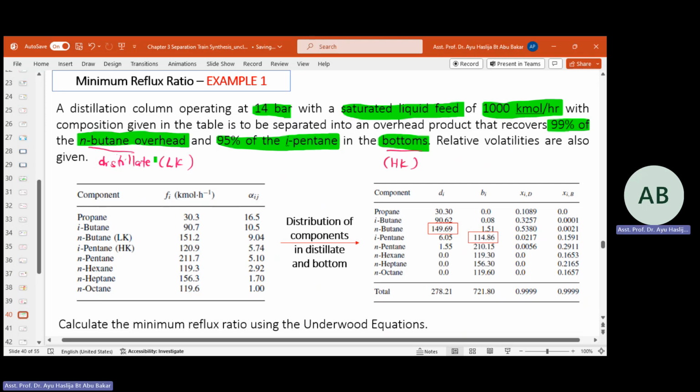Now from the components over here, they give a lot of components in the feed. Mixtures of components, so you need to identify which one is your LK and HK. Here it already labeled for you. N-butane is the light key in the distillate. I-pentane is your bottom heavy key.